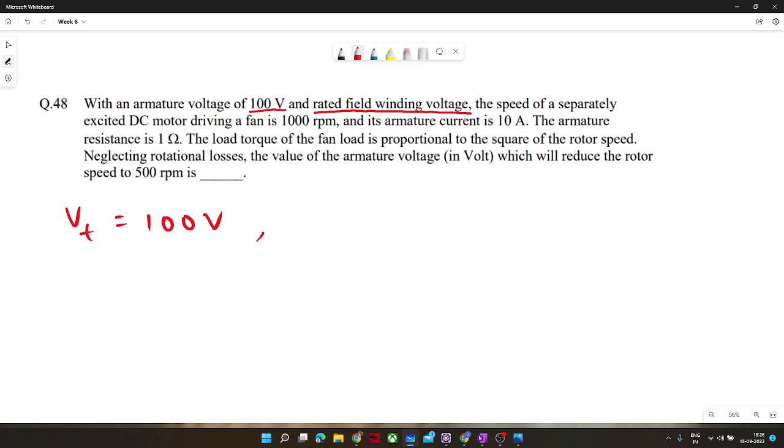In the field weakening region, we reduce the flux, but flux cannot go beyond rated, because one reason is saturation, and the other is it will take a lot of current, so our efficiency would drop. So flux is equal to phi rated. A speed is given, 1000 rpm.